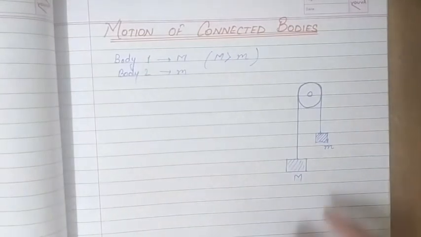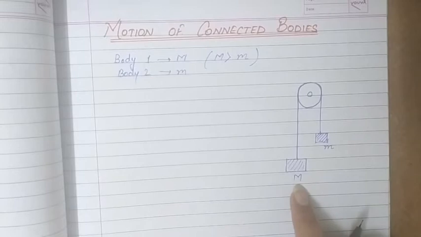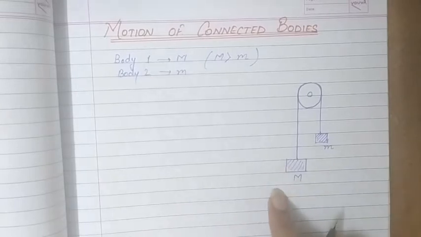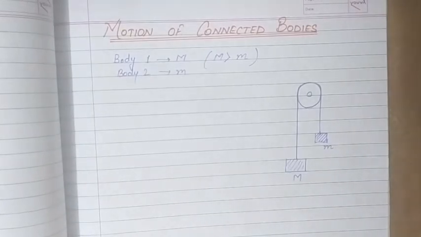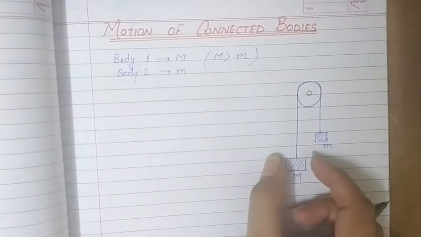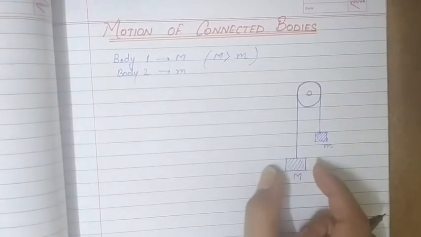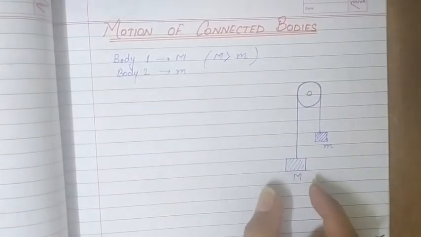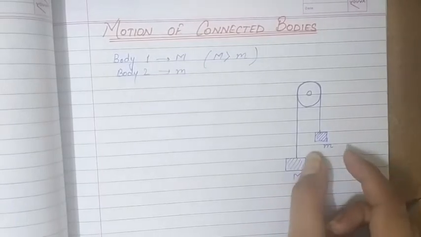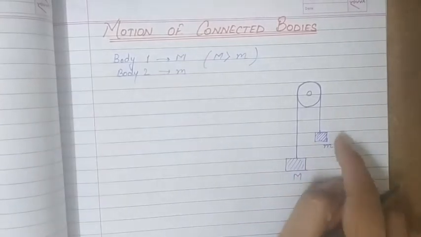So when these two masses are connected in this way, the heavier mass will go downwards because of gravity and its weight. It will come down, and with the same acceleration the lighter mass, small m, will go upwards.